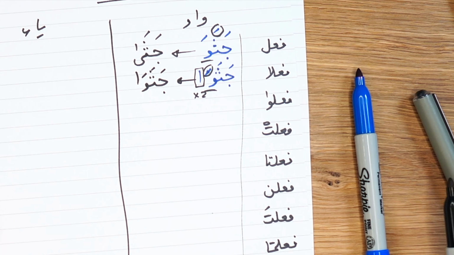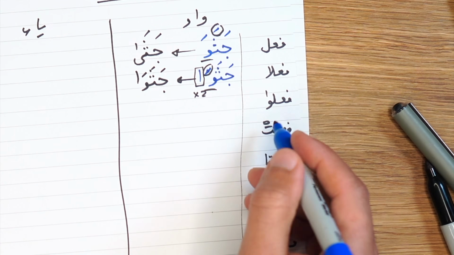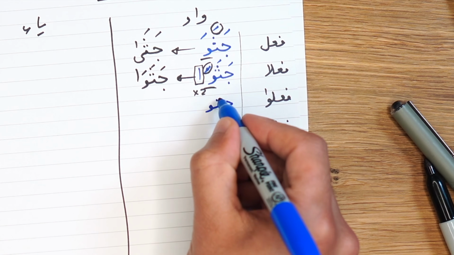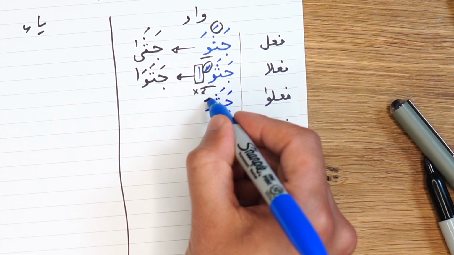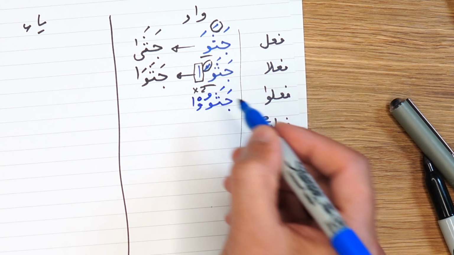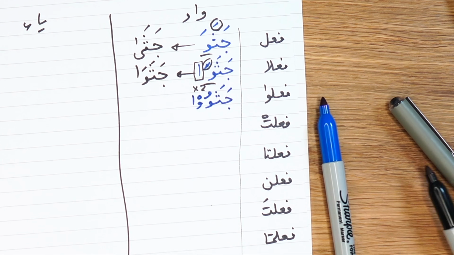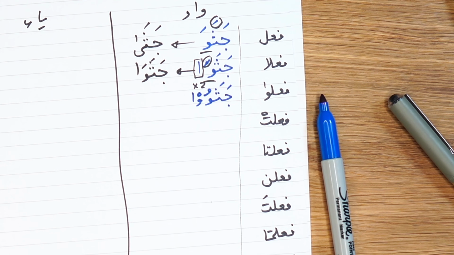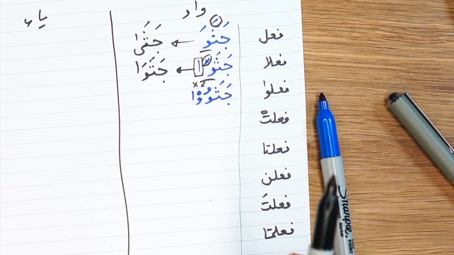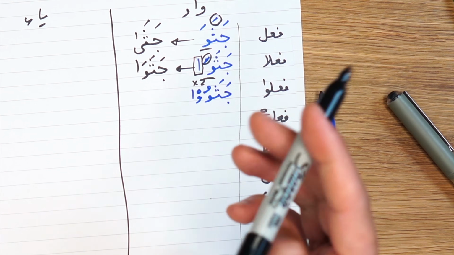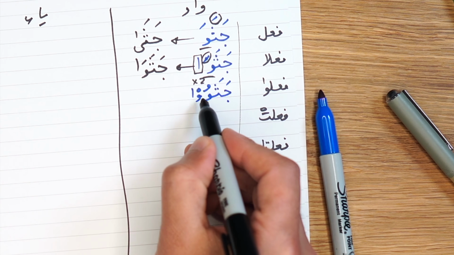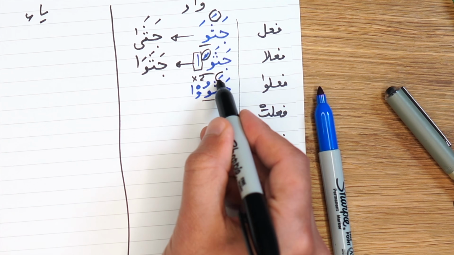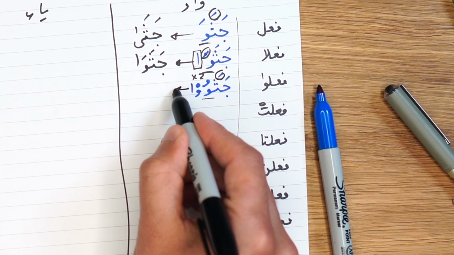The next one is plural. Fa'alu is supposed to be jathawu. So what are we going to do over here? We're going to do the same thing. Because the waw appears after a fatha, we're going to change it into an alif.